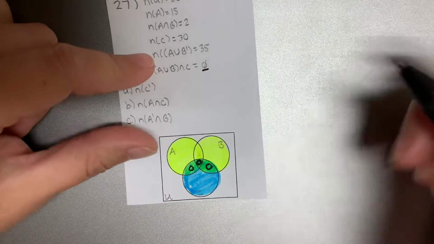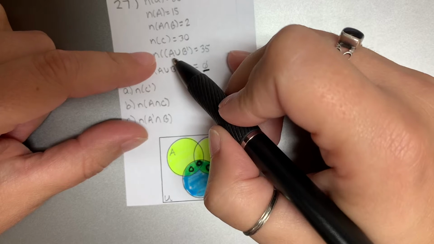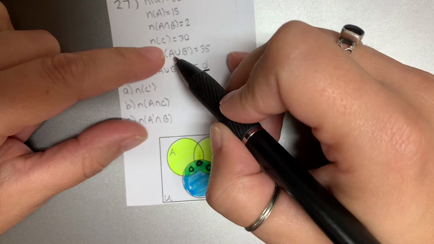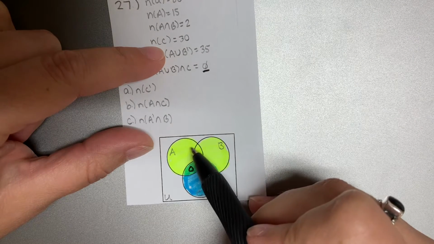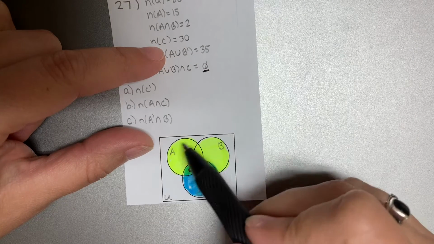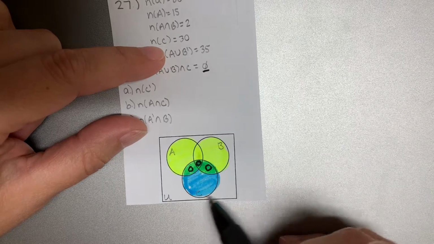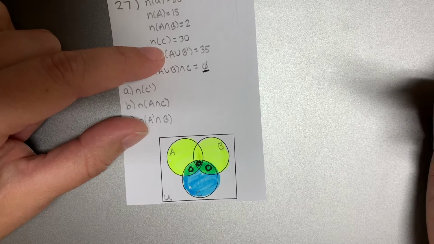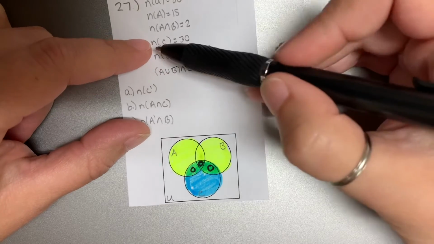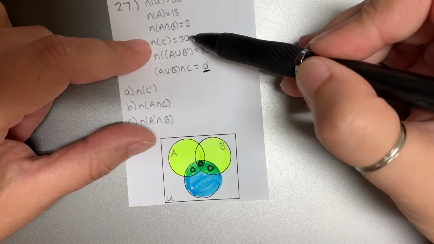Okay, then I can go backwards a little bit here. Let's start with this one. So A unioned with not B. So A, all of A, unioned with not B, that's all of that outside part. I don't know that that's super helpful to me right now, so I'm going to wait on that one. Let's go back to this one. C has 30 in it.